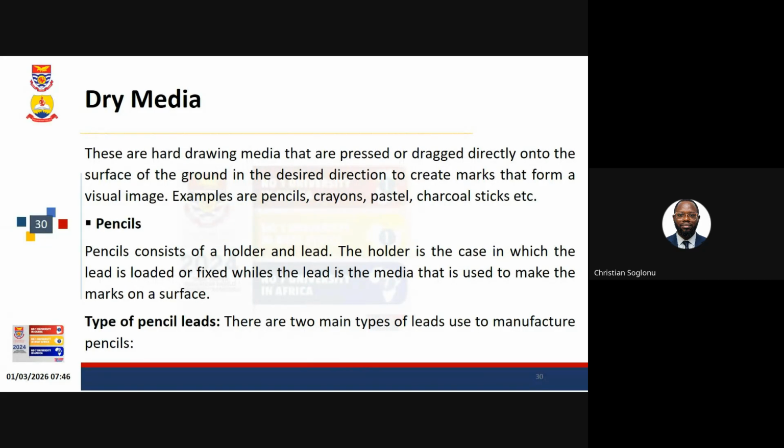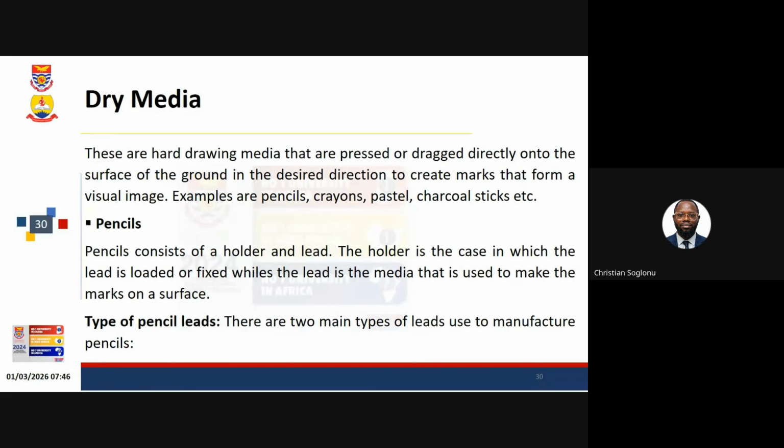Examples are pencil, as I said before, crayons, pastels, charcoal sticks, colored pencil. These are the dry mediums that we use to create our drawings.